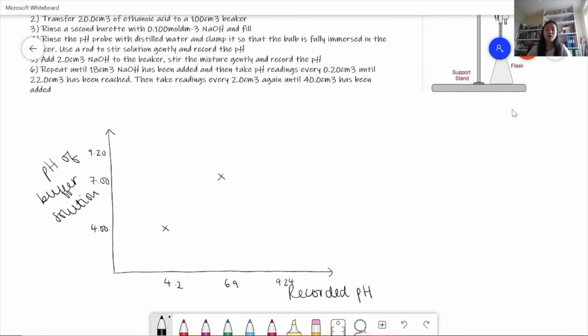And so we plot that, and then we draw a straight line through these, and that will be our calibration curve. So then when we actually use the pHs that we recorded in part 2, we can adjust the pH according to the inaccuracy of the probe.